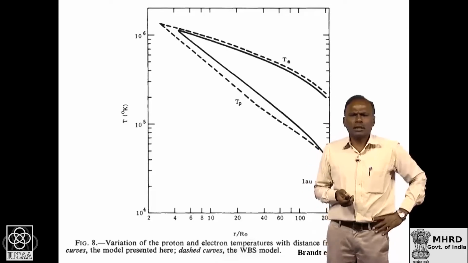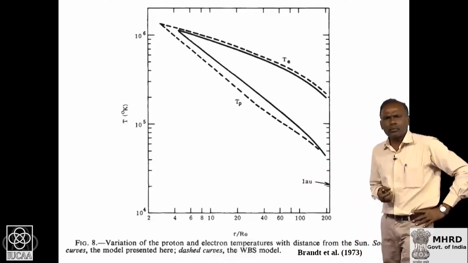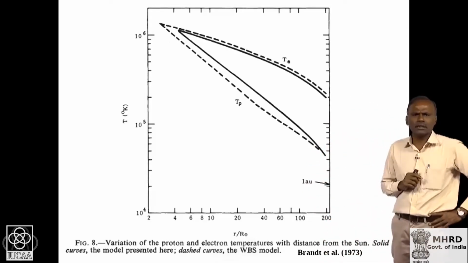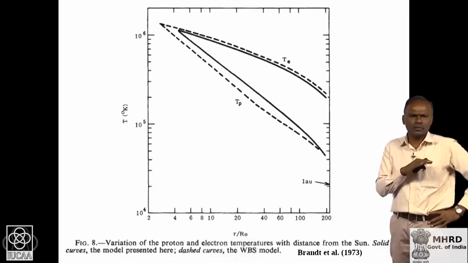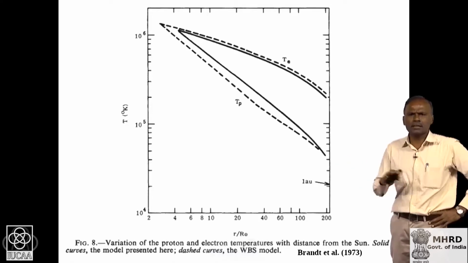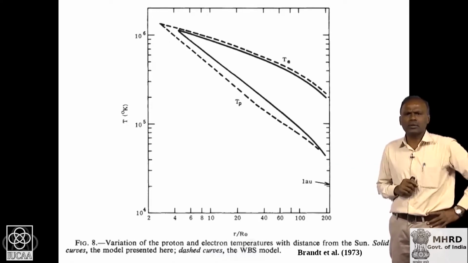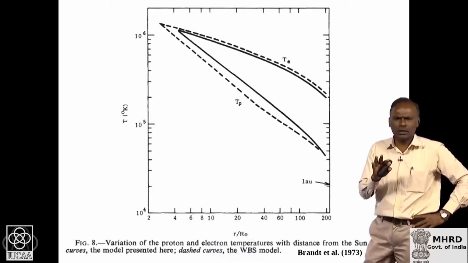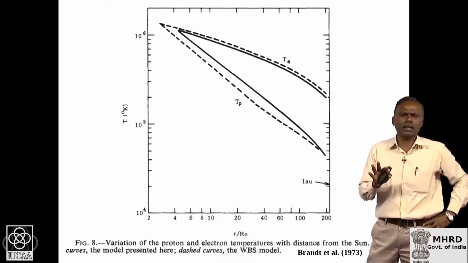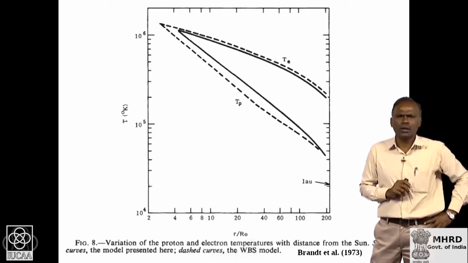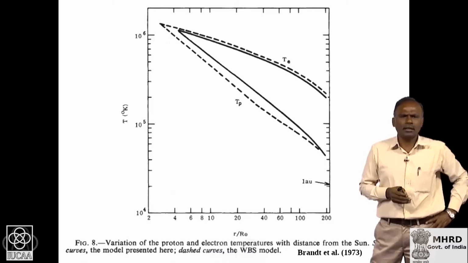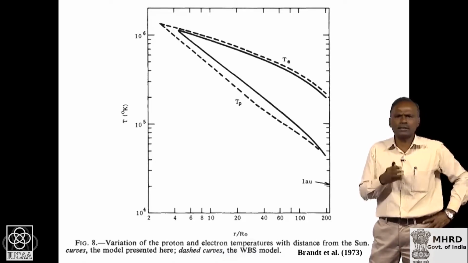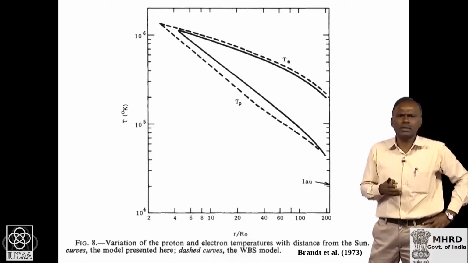So, this plot shows, on the x-axis, the solar offset, going from a near sun region to something like 1 AU. So, 214 solar radii is 1 AU. In the y-axis, the vertical axis, we have the temperature.